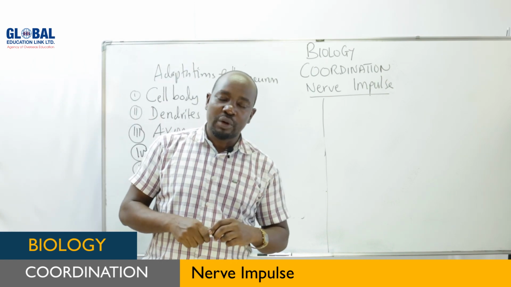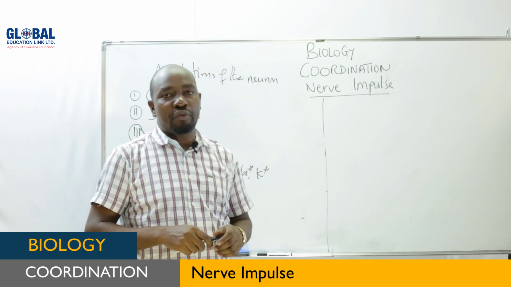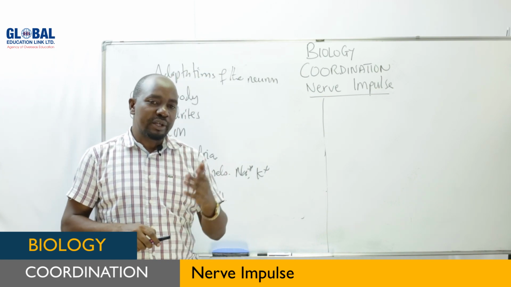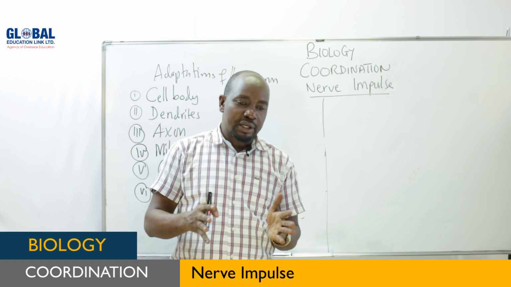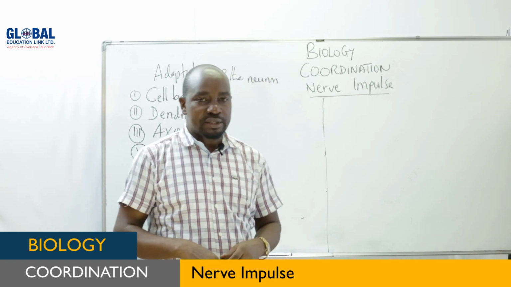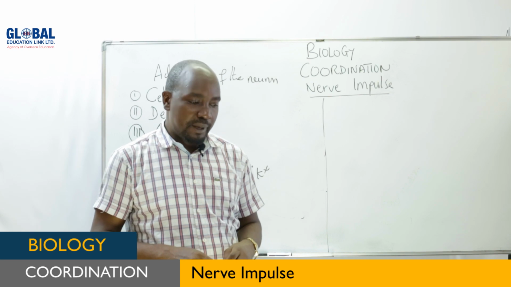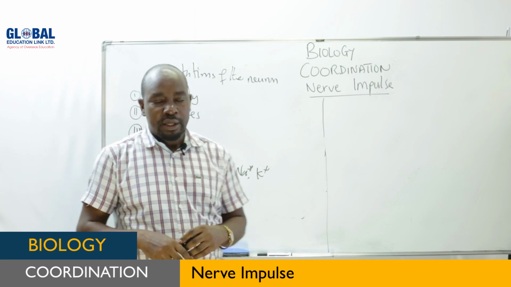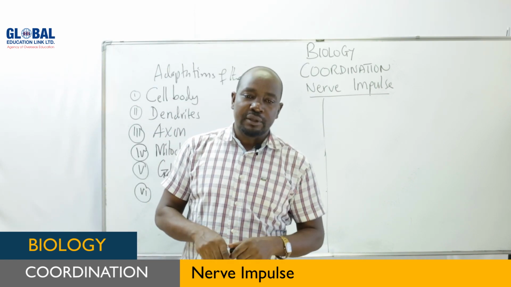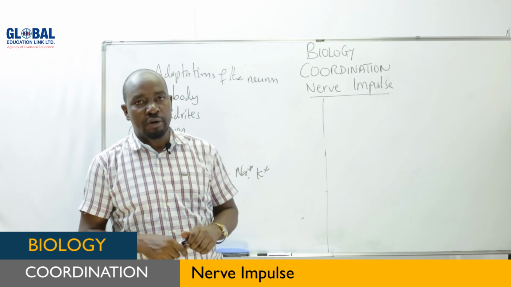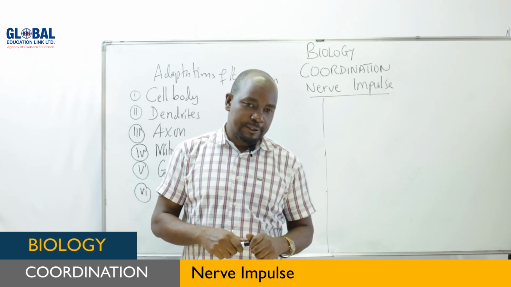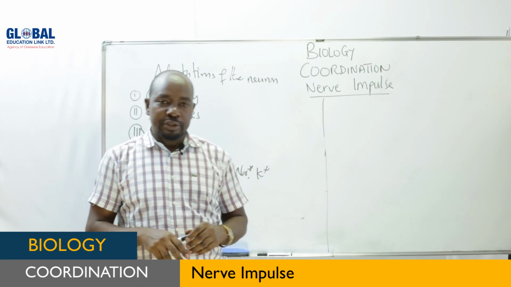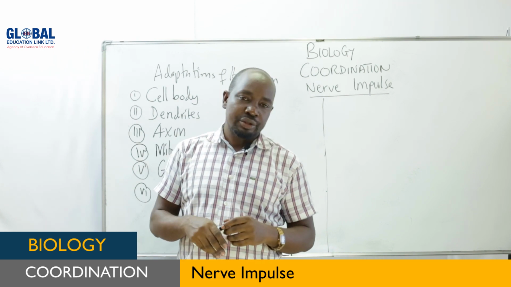The major function of the Schwann cell is the secretion of the myelin sheaths. And the myelin sheaths are a fatty material whose major function is to insulate the axon and speed up the transmission of the nerve impulse. Hence, their presence ensures an increase in the velocity or speed of the nerve impulse compared to the axons which do not possess the myelin sheaths.